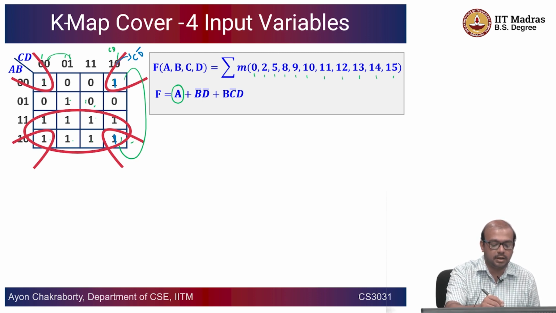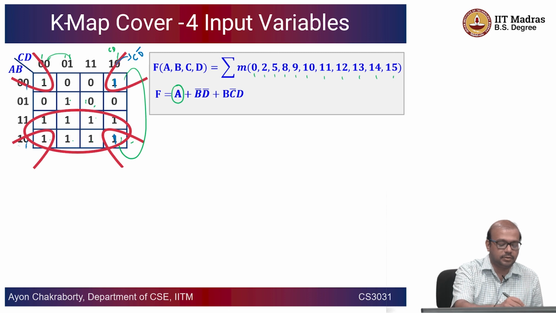Whereas these values, this has AB equal to 0 0 and here A is equal to 1, B is equal to 0. So here B did not change, B was always 0 and A changed from 0 to 1 in this wraparound. So the contribution from these rows will be B bar, and this is C and D bar.